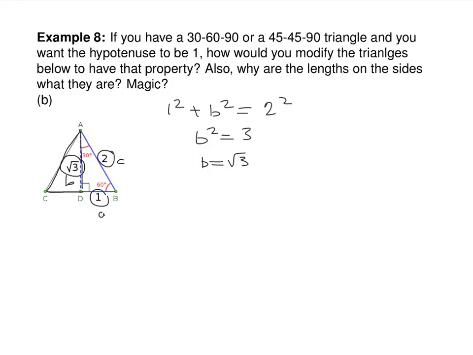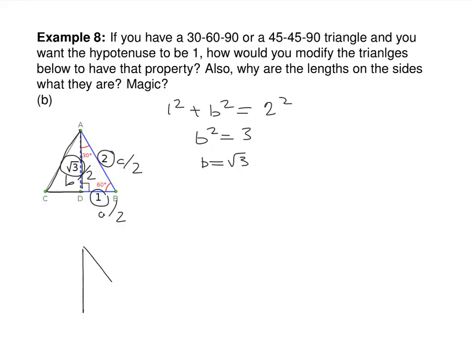But to use this triangle for the trigonometry we're going to do today, I want to scale it down so that the hypotenuse is 1. So what would you divide everybody by here to make the hypotenuse into 1? 2. Divide that by 2, divide that by 2, divide that by 2.